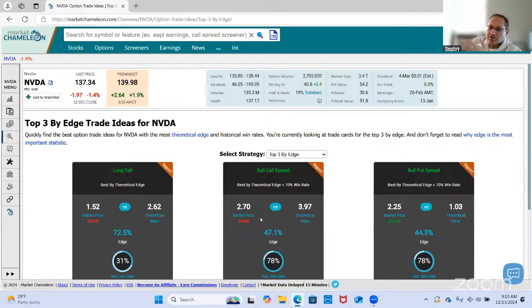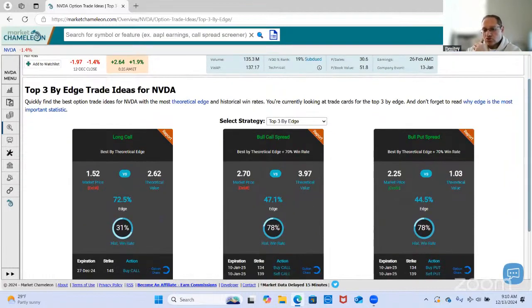Any profit. It could be, you know, as long as it would have been at least by a penny or so. So from that, we get this historical win rate. So this is saying that 78% of the time, based on NVIDIA's stock behavior, the way it moved, this spread would have resulted in a profit 78% of the time. Okay, so that's what this means.